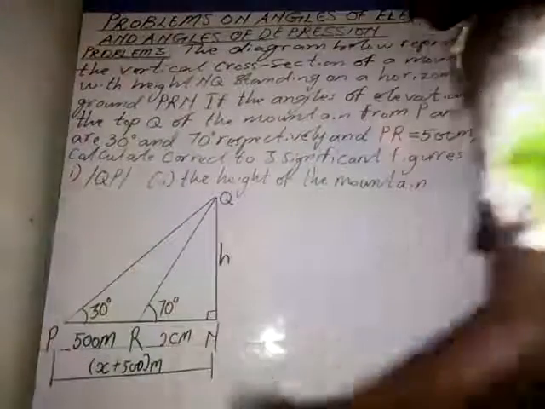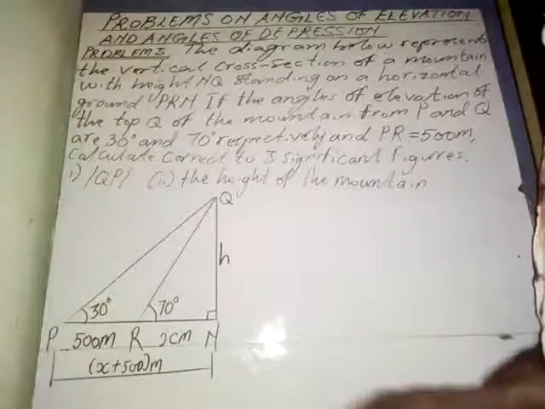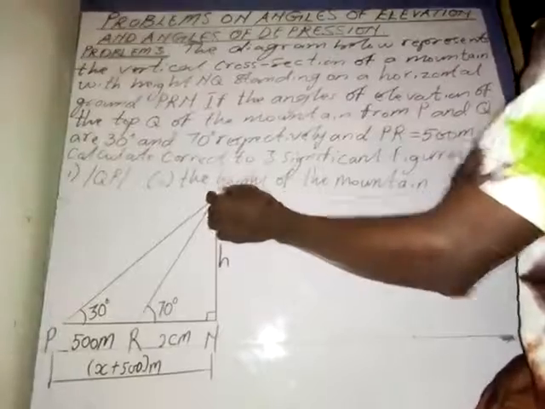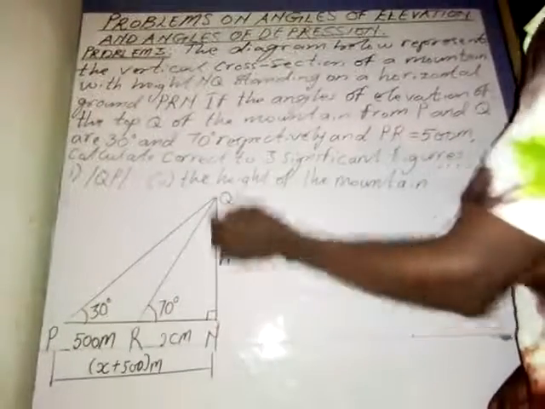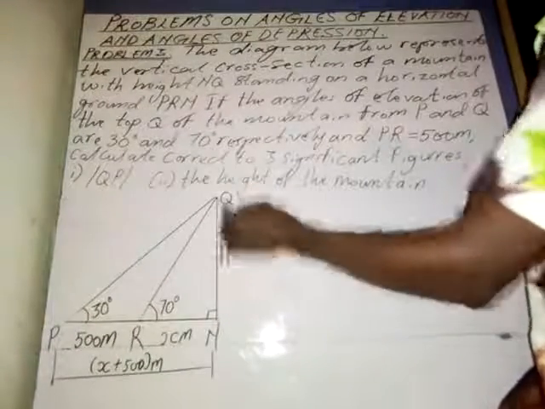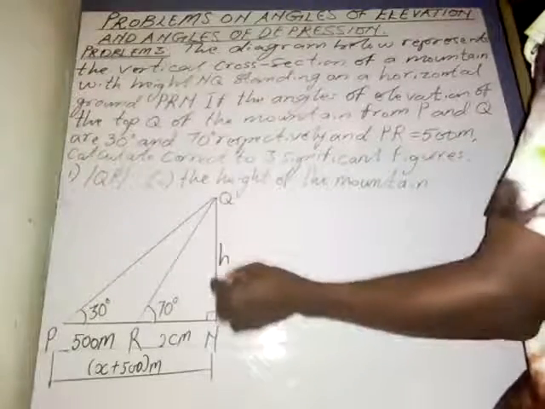Alright, so this is the diagram that the question is referring to. So here we have the height of the mountain as NQ. I'm representing the height of the mountain with small letter h.